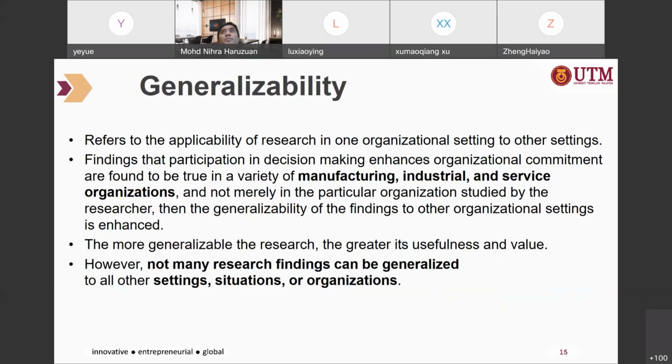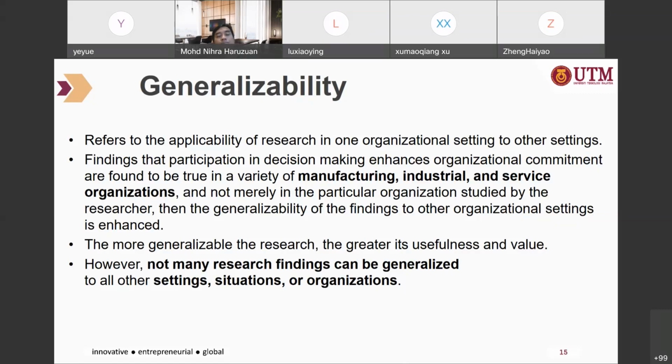So, for example, you are doing blended learning in a library, where the library can use a blended learning approach for reading. From that research, the findings can be generalizable to other settings, for example in preschool, where students can also use a similar approach for their reading.